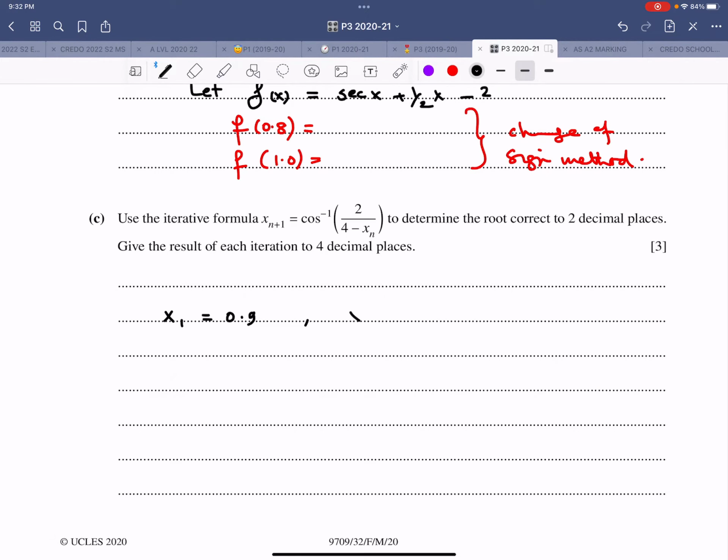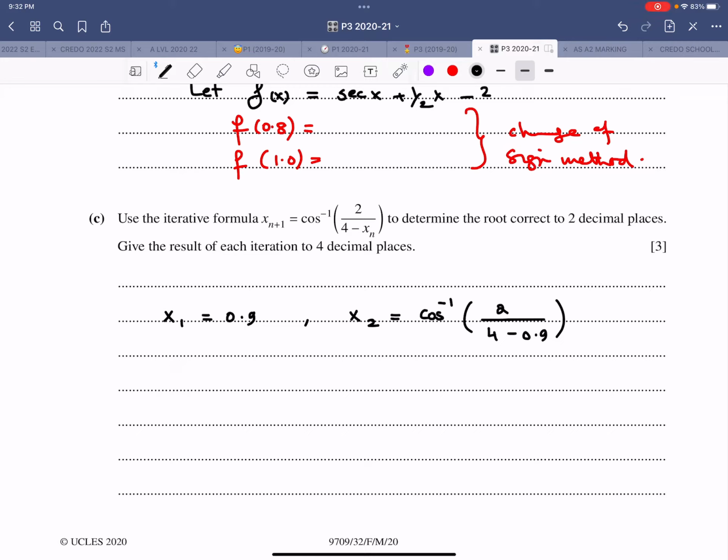Plug in over here, x2 equals cosine inverse of 2 over 4 minus 0.9. Now let me work out the first value. Let me clear the calculator for a second. 4 minus 0.9 is 3.1. 2 divided by 3.1.